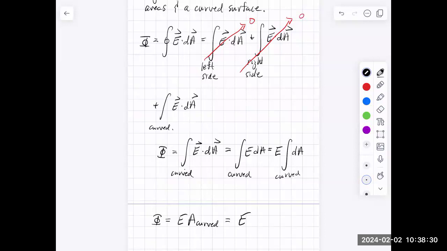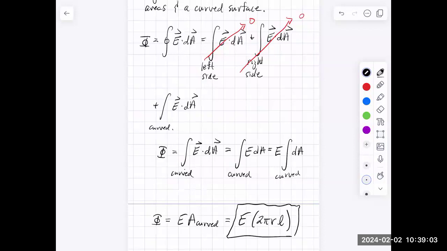And so the area is going to be 2 pi r times L. And that's it. If you can get yourself comfortable with dealing with the integral of E dot dA for spherical surfaces, for geometries with flat charge distributions, and for cylindrical geometries, those are the only ones that you're going to encounter. So did you have a question?